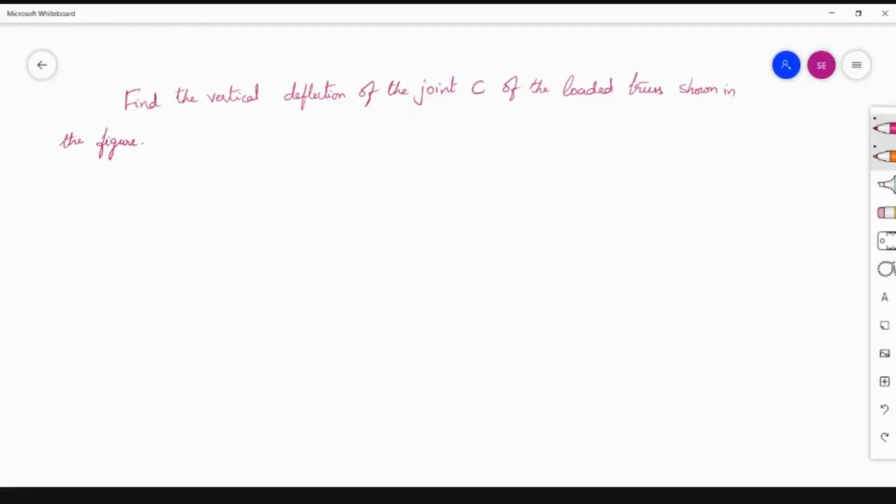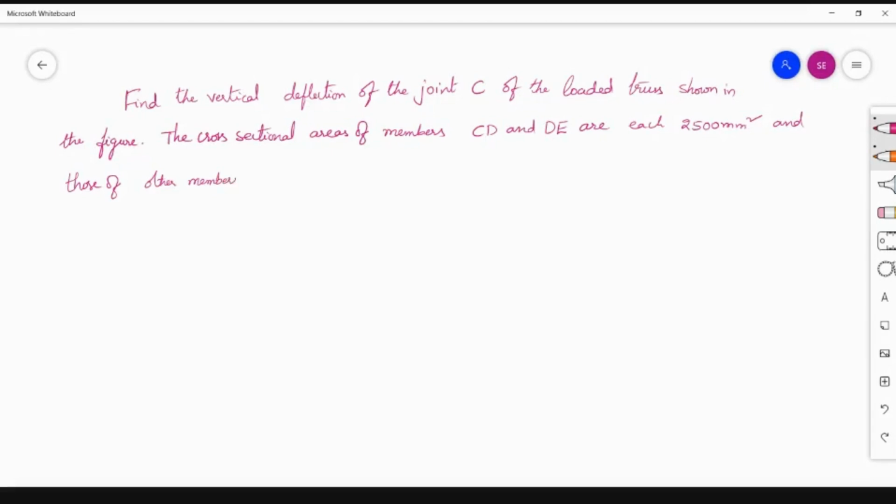The cross-sectional areas of members CD and DE are each 2500 mm square, and those of the other members are each 1250 mm square.